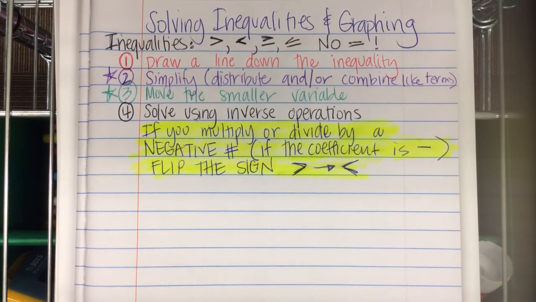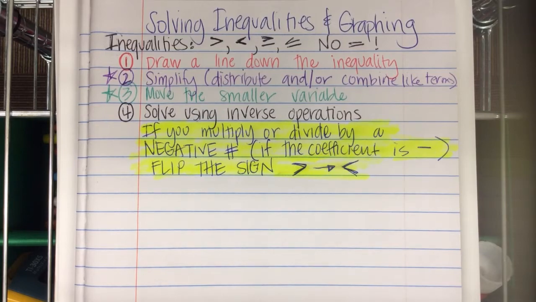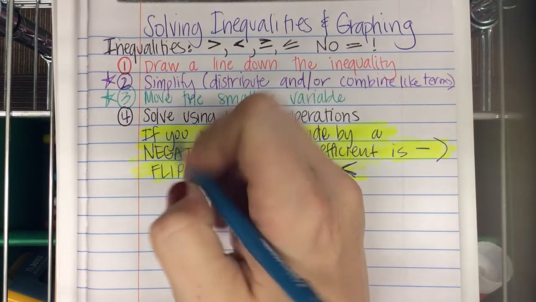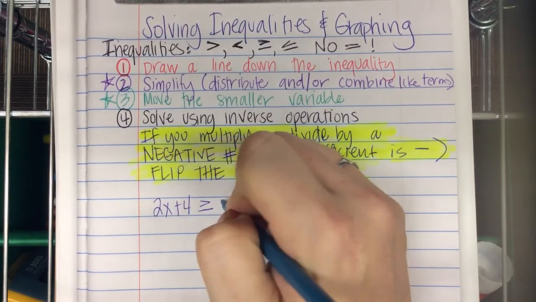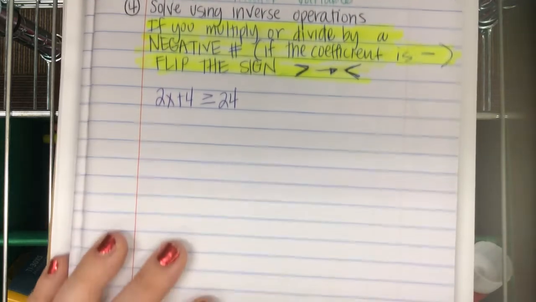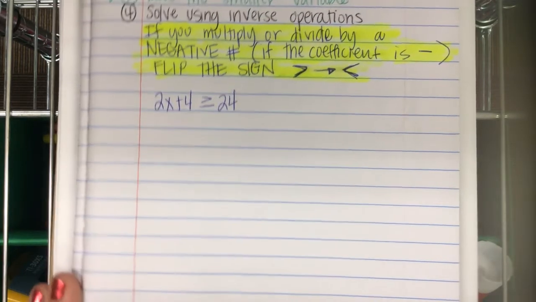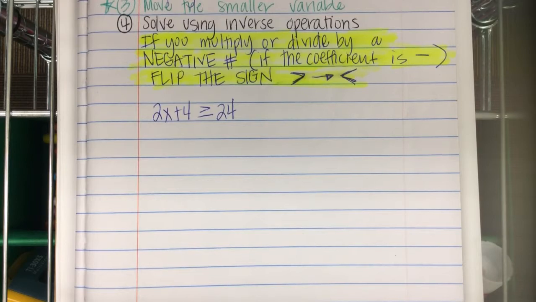All right, we're going to do some practice. 2x plus 4 is greater than or equal to 24.